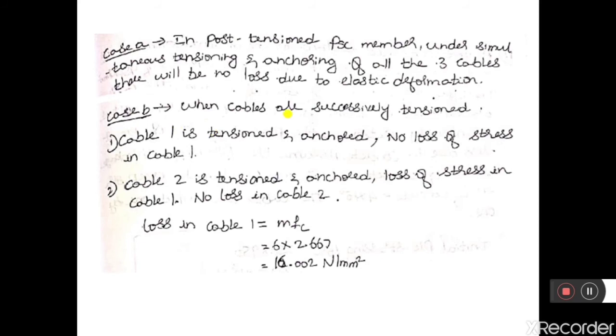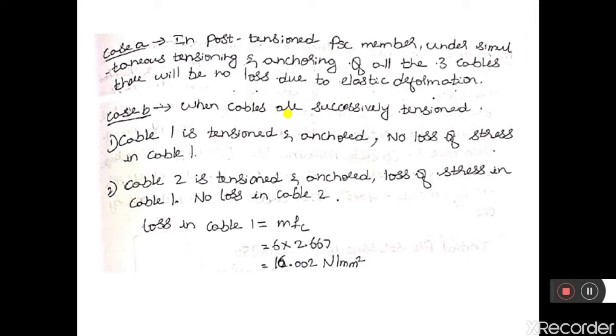So when cable 1 is tensioned and anchored, there is no loss in the stress in cable 1. When the first cable is pulled, there will be no loss in cable 1 because in a post-tensioned member the concrete will already be settled, that is, the concrete will have already gained its initial strength, and that means the elastic shortening will already have occurred in the concrete before it is anchored with a cable.